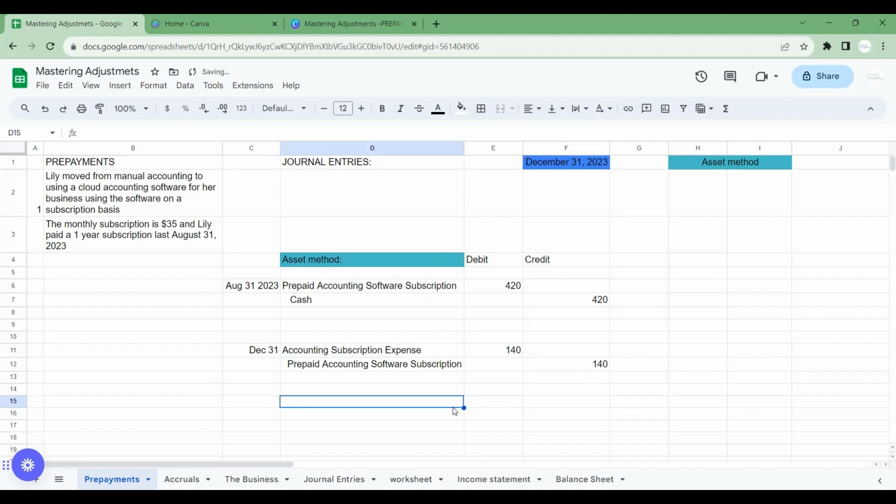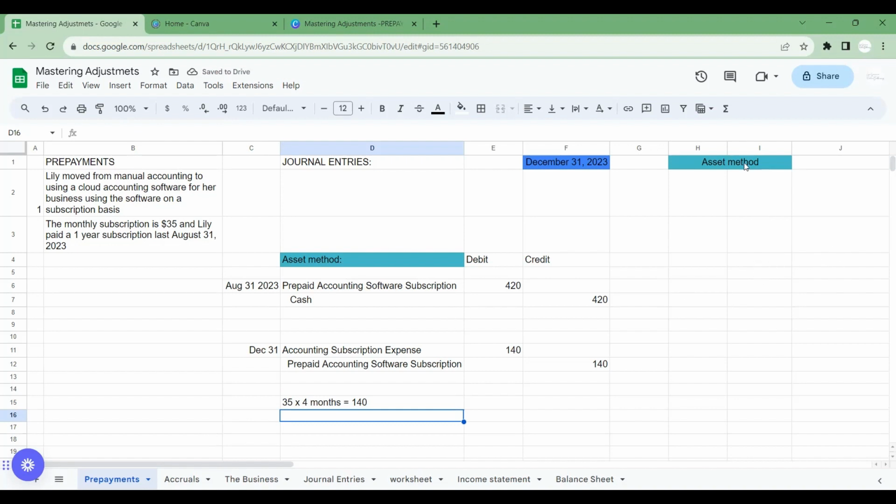So let me put that here. That would be 35 times September, October, November, December. So that would be 4 months, equals 140.